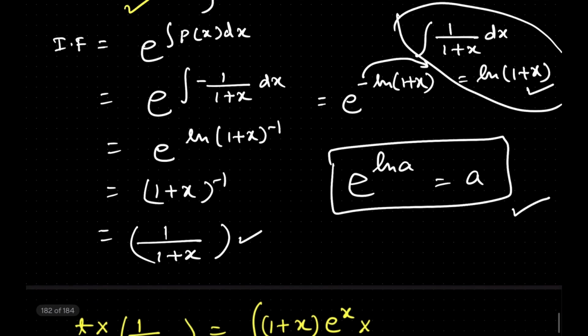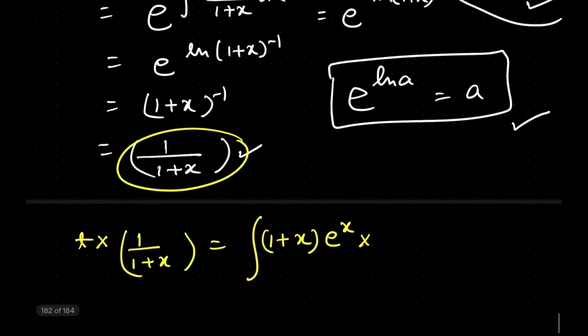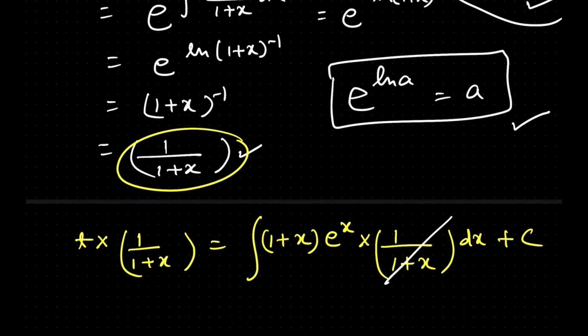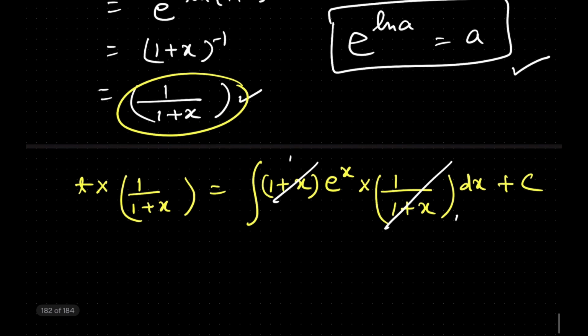Our integrating factor is 1 by 1 plus x times dx, plus constant of integration. So you can see that here 1 by 1 plus x will get cancelled by 1 plus x. And the integration of e to the power of x dx is simply e to the power of x only, and the constant of integration is c.